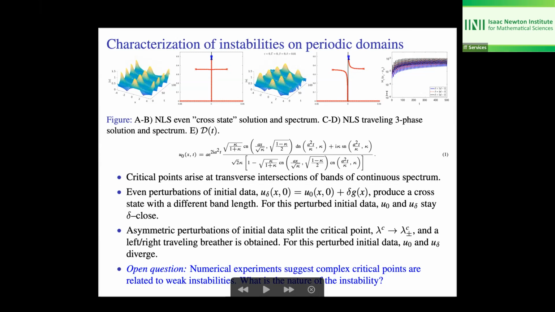You can see the growth in the H1 norm of the difference of U delta and U naught here. And so the question here is that traditionally complex double points are associated with these linear instabilities, but the numerical experiments suggest that complex critical points are related to some type of weak instability. And so what's the exact nature of the instability?